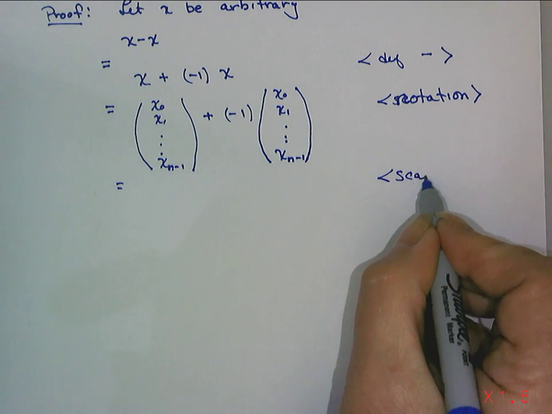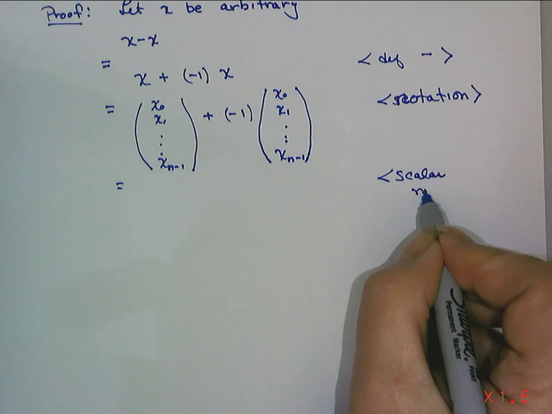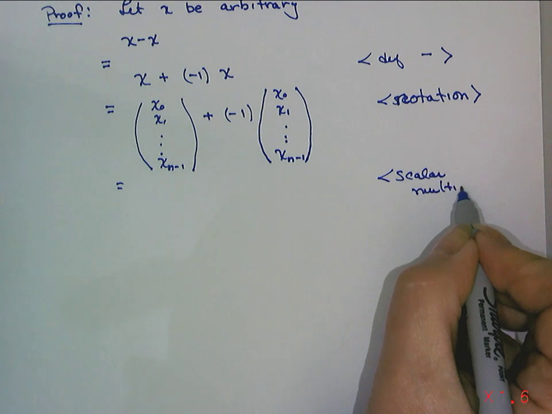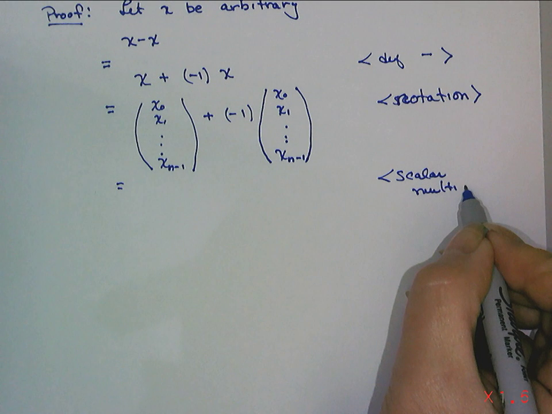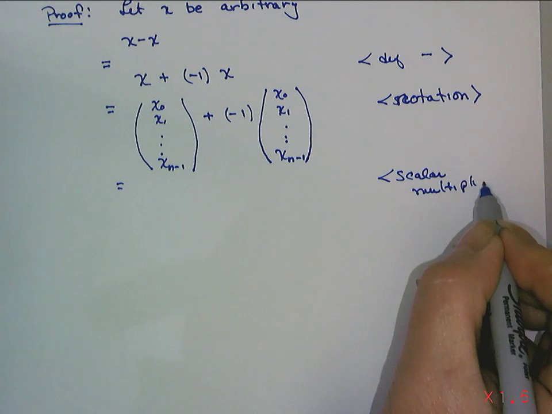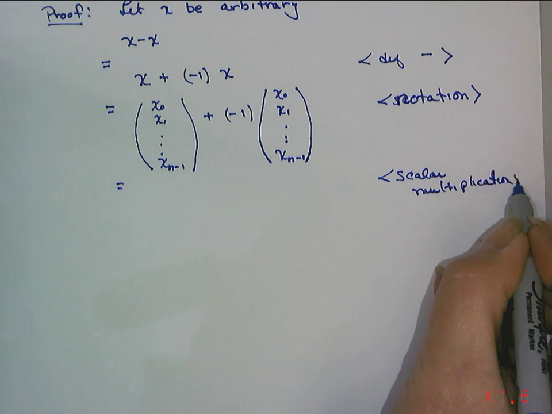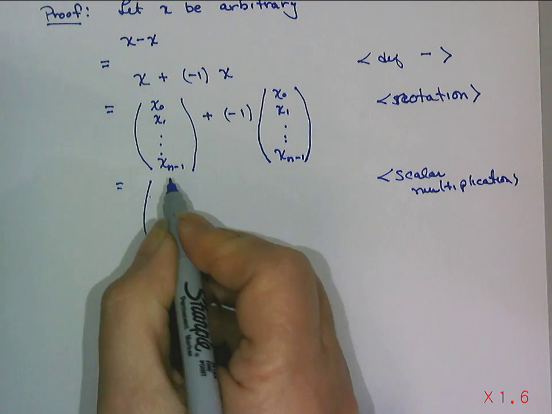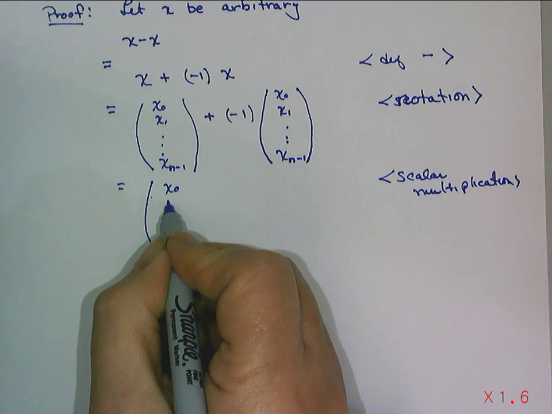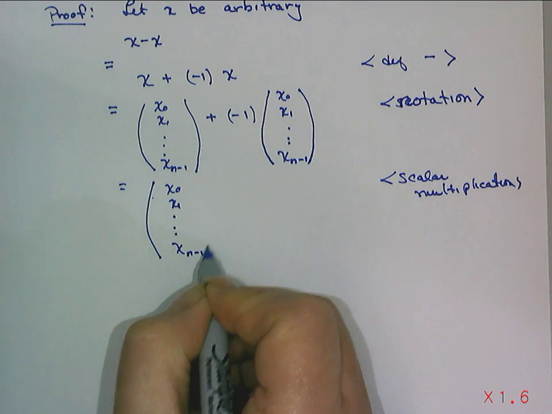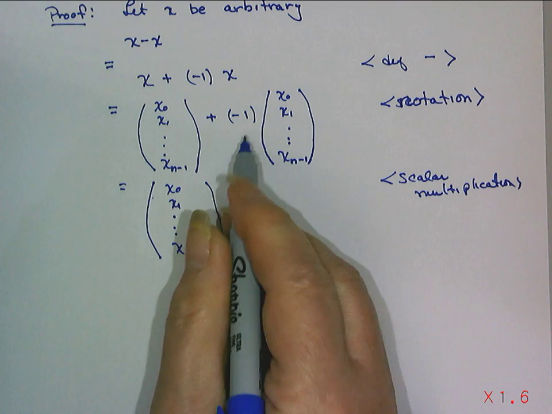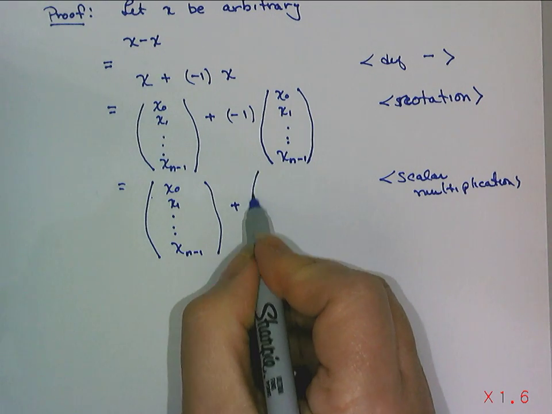Now, scalar multiplication is done component-wise. We will take our vector x and add to it -1 times that vector.